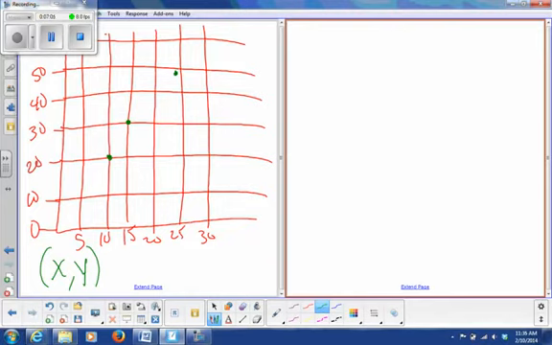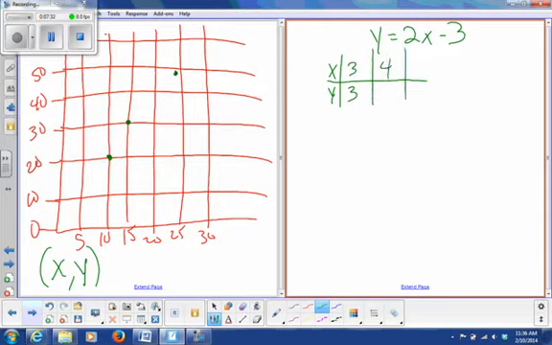So we're working with our rule, y equals 2x minus 3, and they give us inputs of x and y: 3 and 3, 4 and a missing number, 5 and 7, and 6 and a missing number. Knowing that I have those outputs, what are my missing numbers?